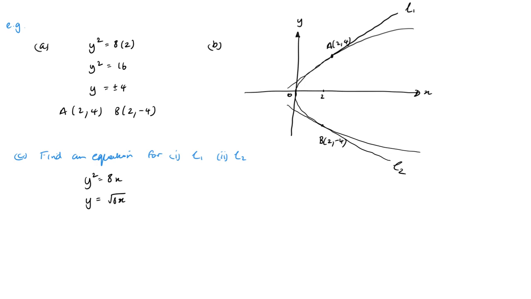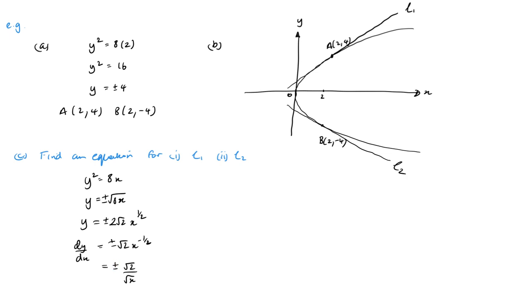Square root 8x plus or minus, so that is plus or minus 2 root 2 x to the half. And then differentiating, bring the half down, so plus or minus root 2 x to the minus a half, or plus or minus root 2 over root x.